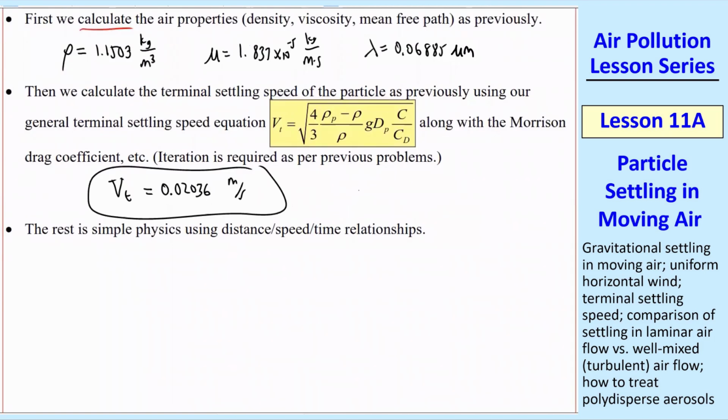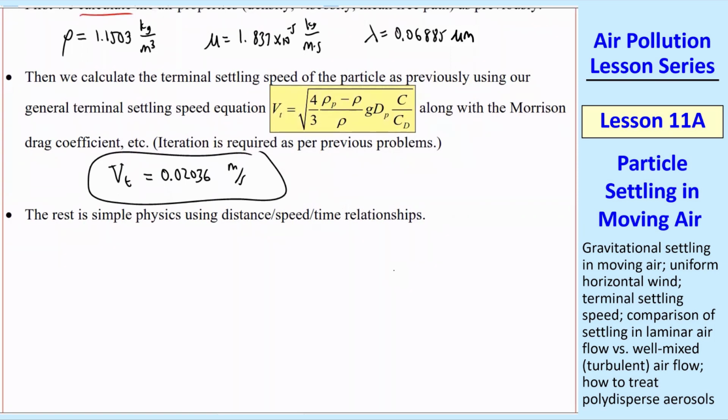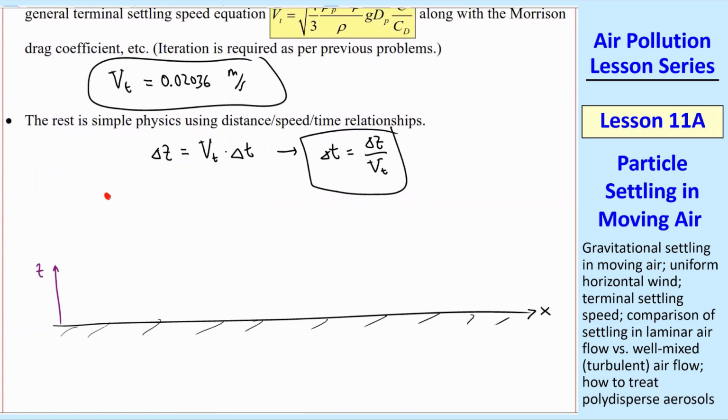Well, the rest is simple physics from middle school physics class using the distance, speed, time relationship, namely delta Z is VT times delta T. We solve for delta T, which is what we want. Delta T is delta Z over VT. Now, what I'm doing is talking about a particle that's initially at some delta Z elevation. Z's from the ground.